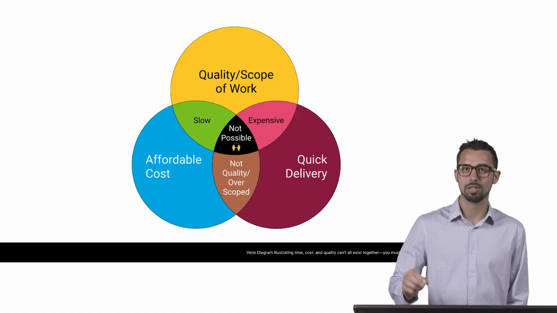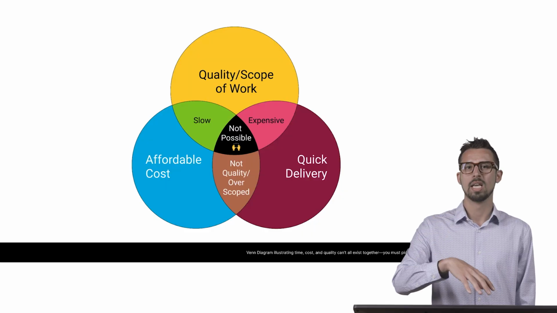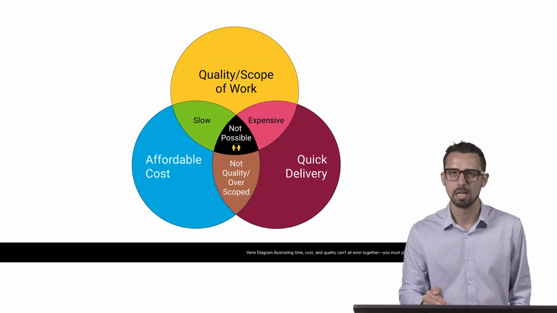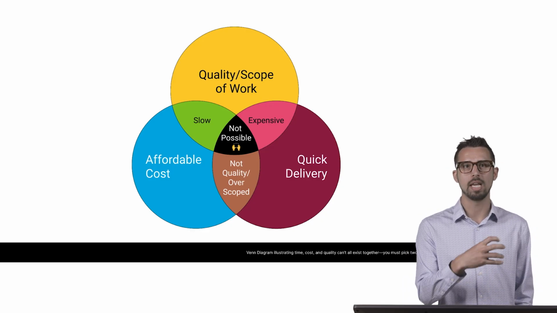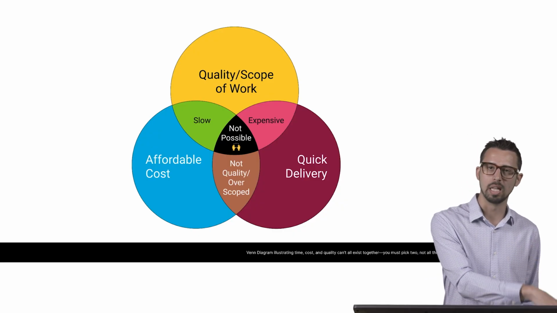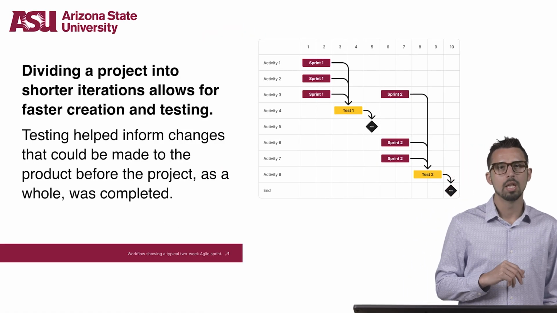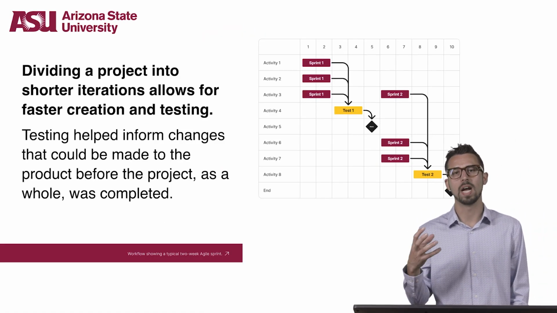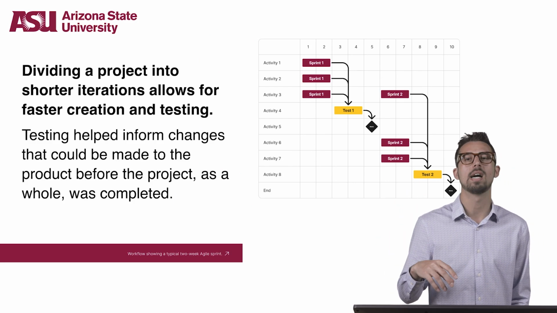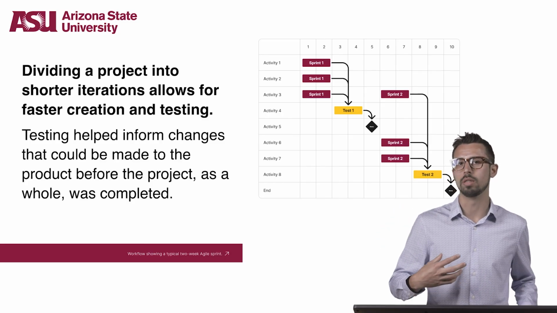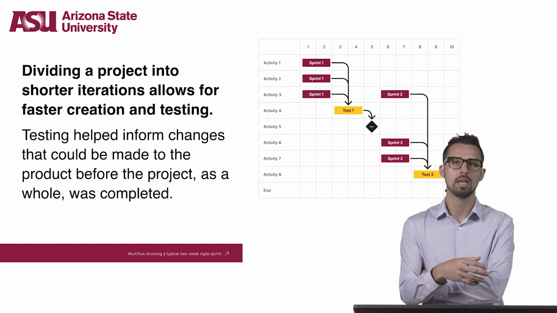This group really understood that the software industry needed a better, quicker way to get products to the market. Their goal was to develop new methods for changing a product and project that would not impact the cost or delay the production schedule of any particular project. They determined that dividing a project into much shorter iterations or more bite-sized tasks would help allow for the faster creation and more frequent testing of the product.